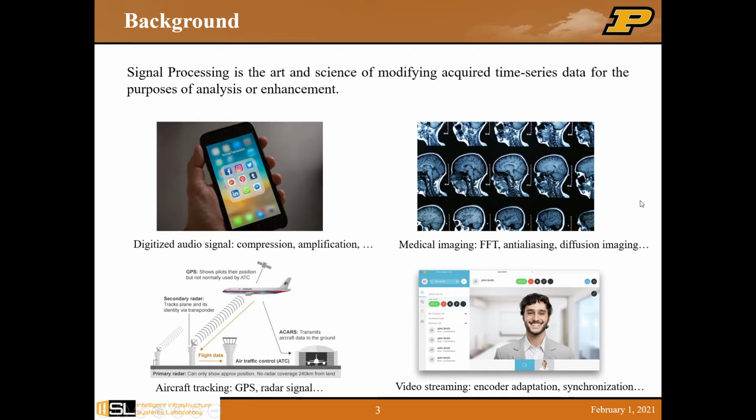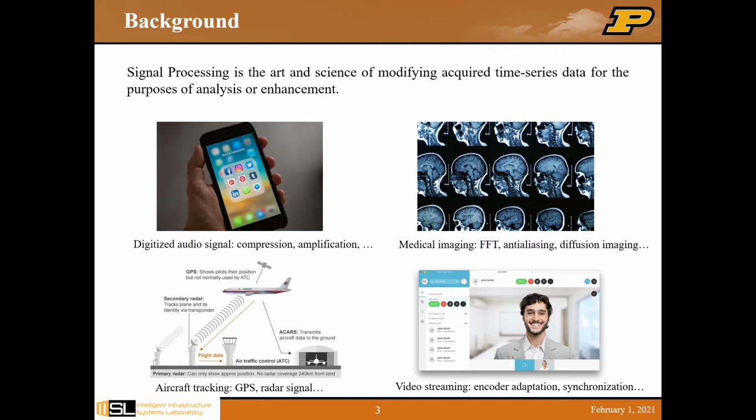All right, let's start with the background part. Signal processing is the art and science of modifying time series data for the purpose of analysis or enhancement. It's very popular and very important to our daily life. It can deal with audio signals.